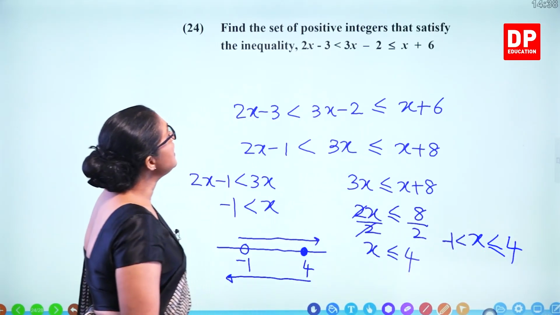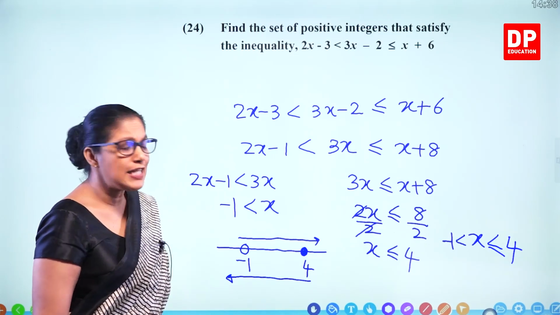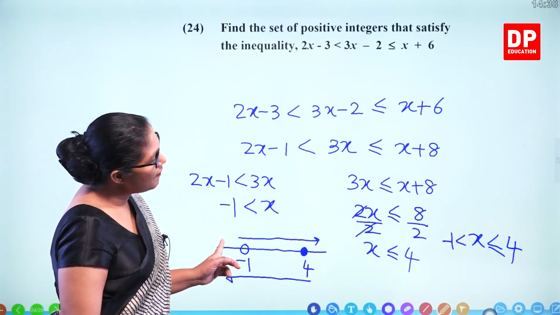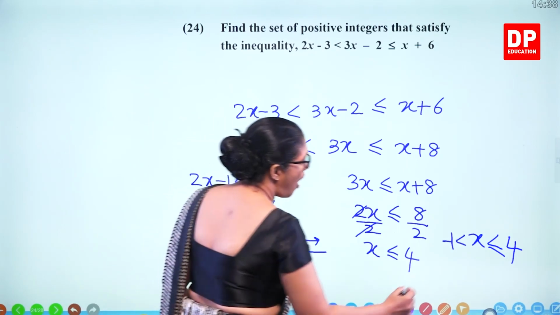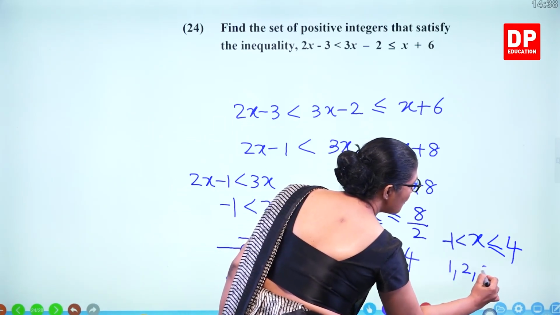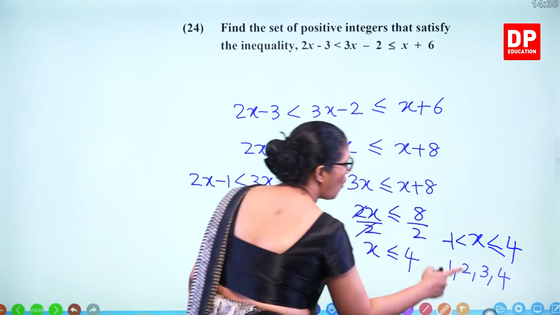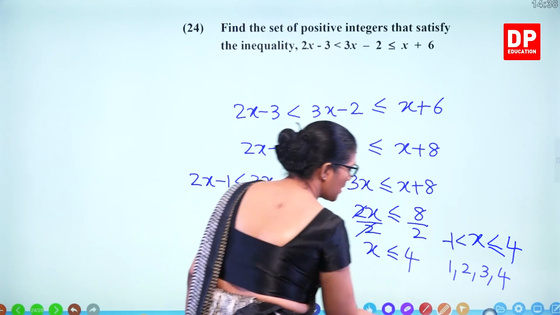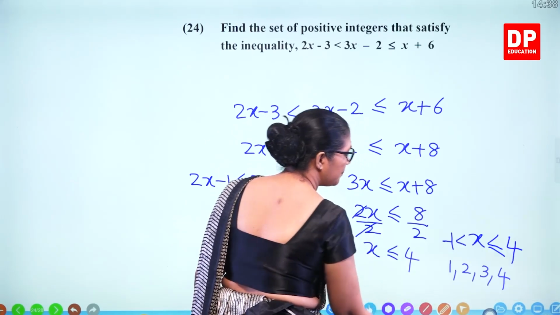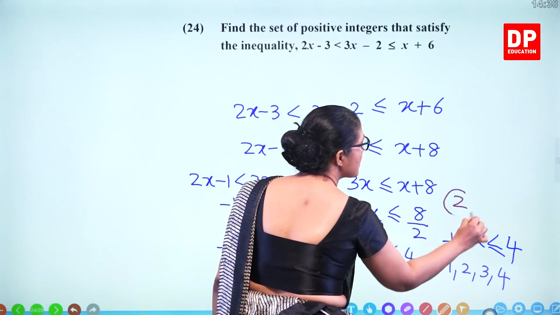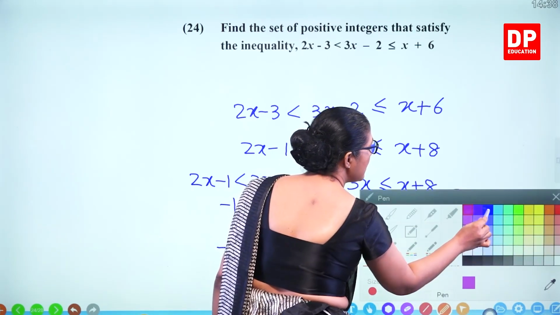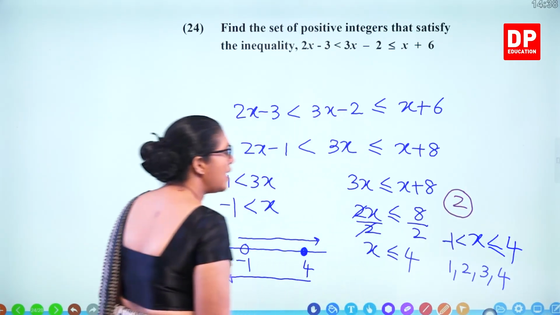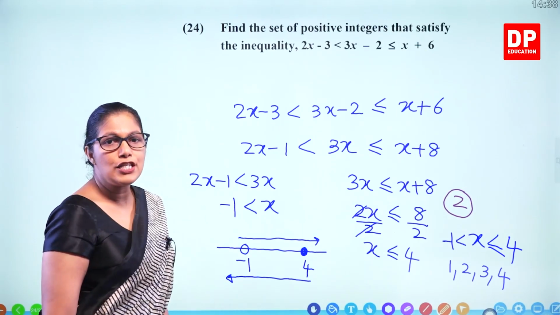So what are the integers satisfied? Positive integers are 1, 2, 3, 4. All 4 positive integers satisfy the inequality. So 2 marks: solving the inequality and then finding the integers.